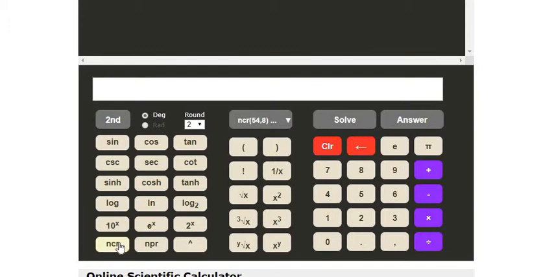So the first one is 17 choose 2. And what I'm going to do is enter this all in at one time. That way we're dealing with just one number rather than 3 large numbers. The second one is 13 choose 2.